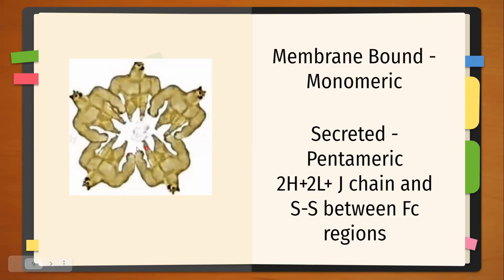All these units are joined together by disulfide bonds between the Fc regions, and they also contain something called the J chain. So the J chain is basically a polypeptide that joins these units. This is said to be pentavalent because it has 5 valencies, so it can bind to 10 different antigens.